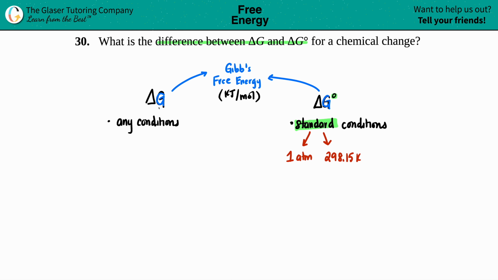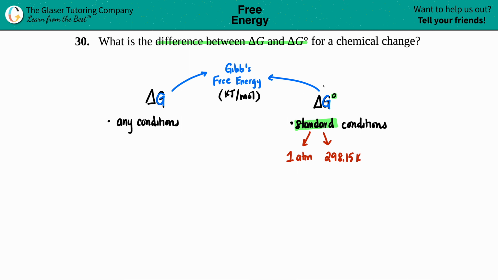If you're just finding a change in free energy, it could be any conditions. It doesn't have to be at the temperature 298.15. It could be really low temps. It could be high temps. It's whatever that situation is going for. So that's basically the difference.